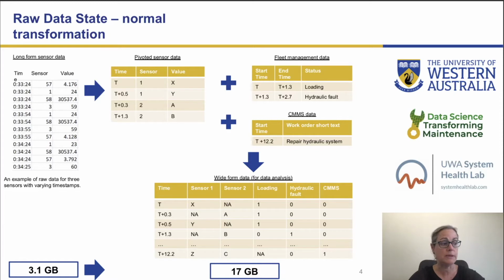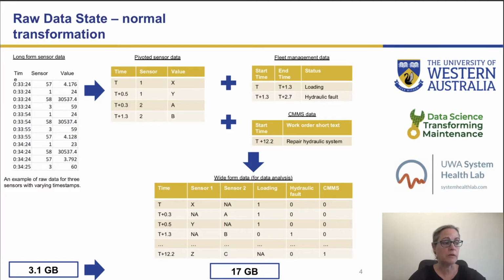To this data, we still need to join the fleet management data. This is ordered by time, with each row containing a start and end time, and these must be matched between the fleet management records and the sensor data. As you expect, the timestamps do not match exactly. And data must also be drawn from the maintenance work orders in the computerized maintenance management system and matched at the right time.